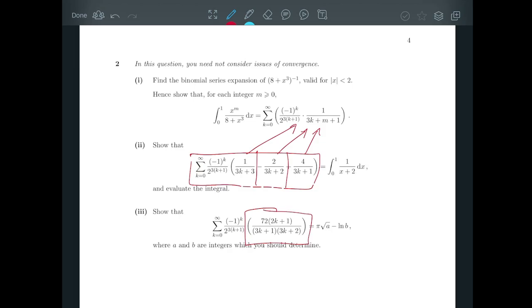This looks like complete nonsense, but maybe there's a partial fraction to make it look back like something in part 2. This question all looks fairly doable. This, I would put a tick. I would most likely tackle this question in the STEP exam.